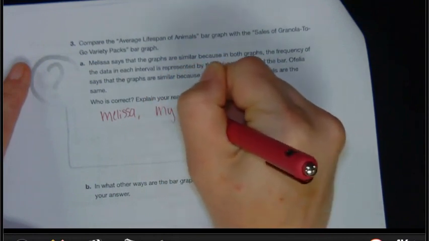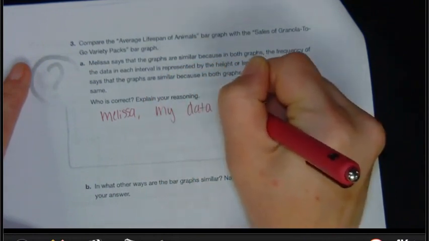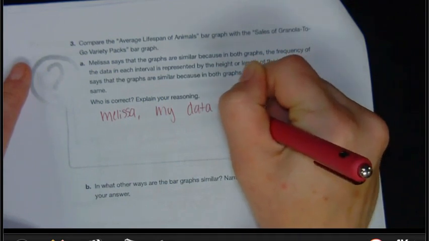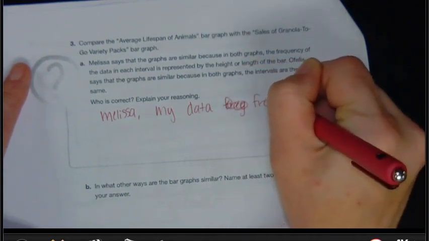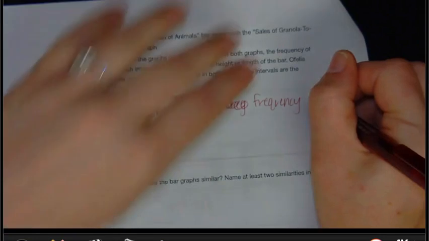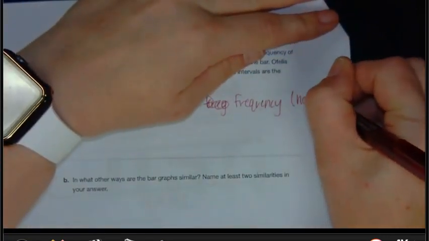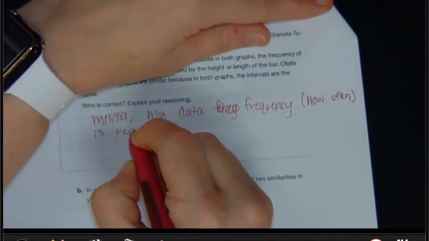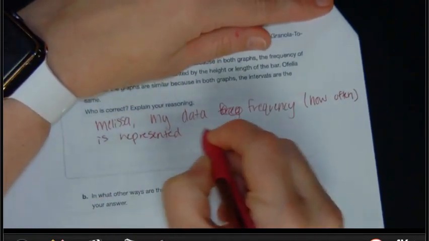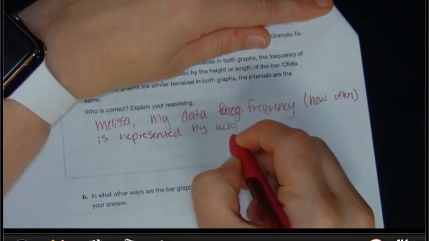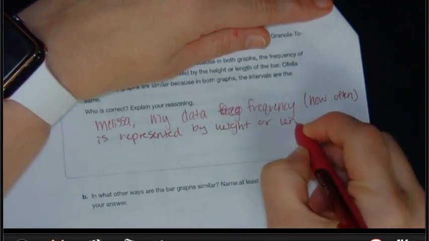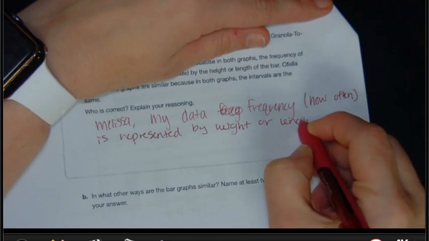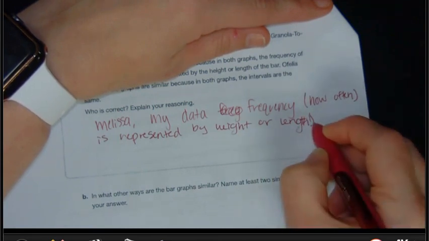My data, I spelled frequency wrong. Frequency, okay? My data frequency, or in other words, how often, is represented by height or length, okay?